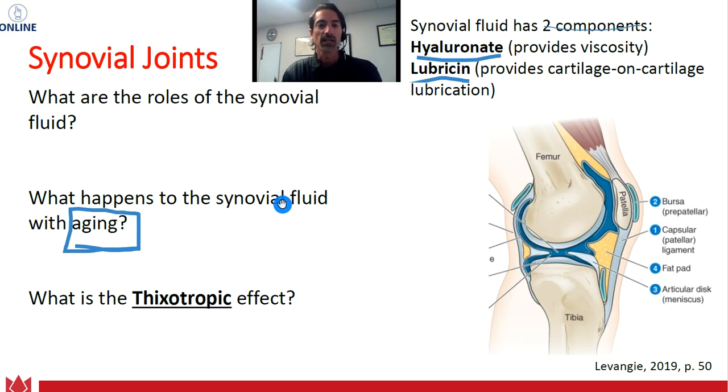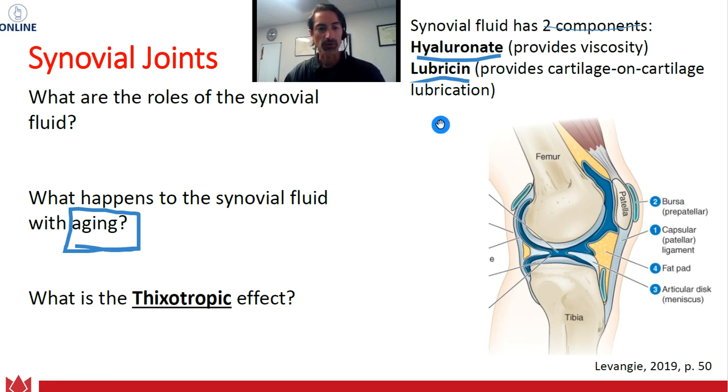And so you can imagine if you had the synovial fluid in your joints and it became thicker and it had too much viscosity, it almost became like a solid material. It almost became like a really thick old peanut butter or something like that. It would actually not provide as much shock absorption as the oil or the fluid within there.